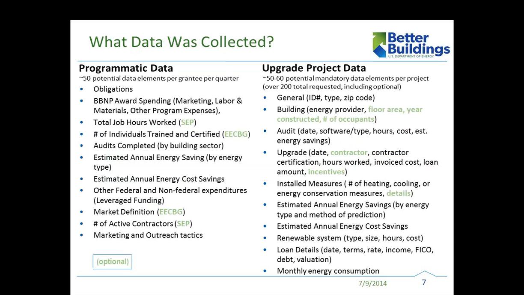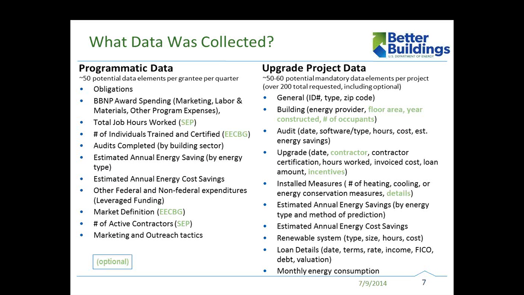So what kind of data was collected? These two lists here are two kinds of data that were collected, and this is not the only information that was collected by DOE or reported by the grantees. This is just one report, which I referred to in the previous slide.